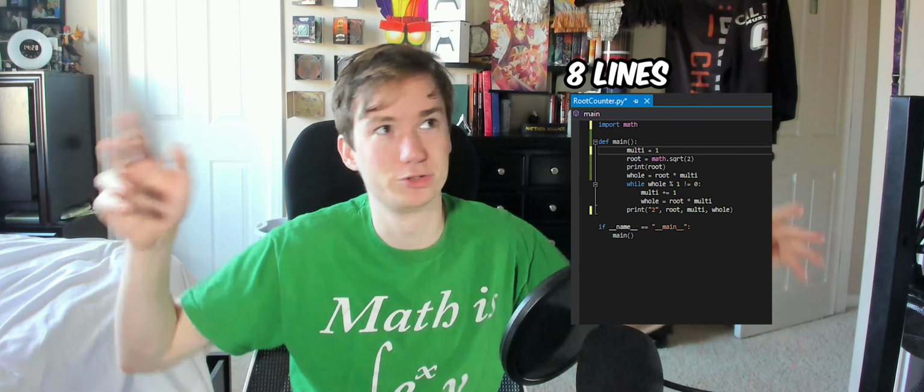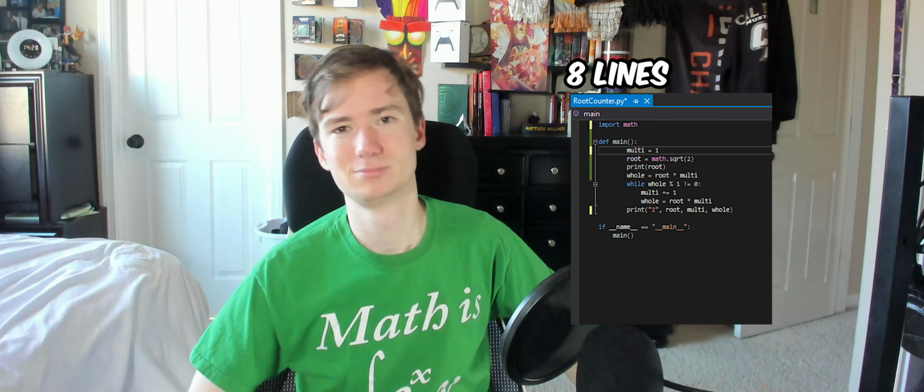I don't like dealing with long decimals, plus I'm incredibly bored, so I wrote like 7 lines of Python to find root 2's integer multiplier for me. Oh, it worked.